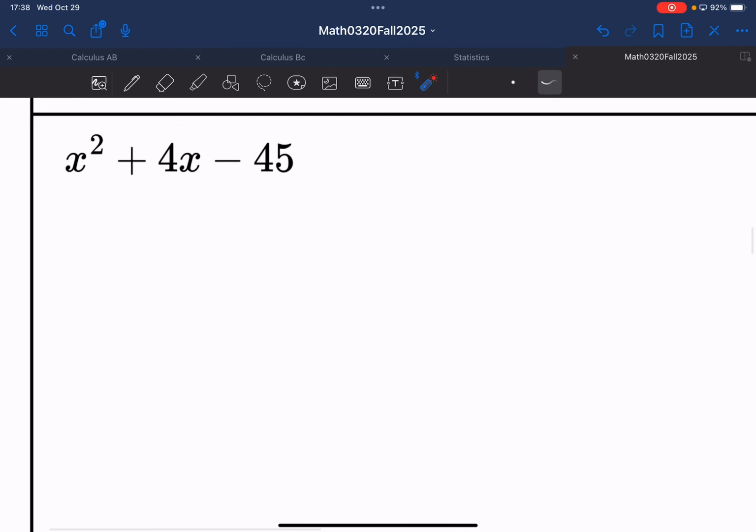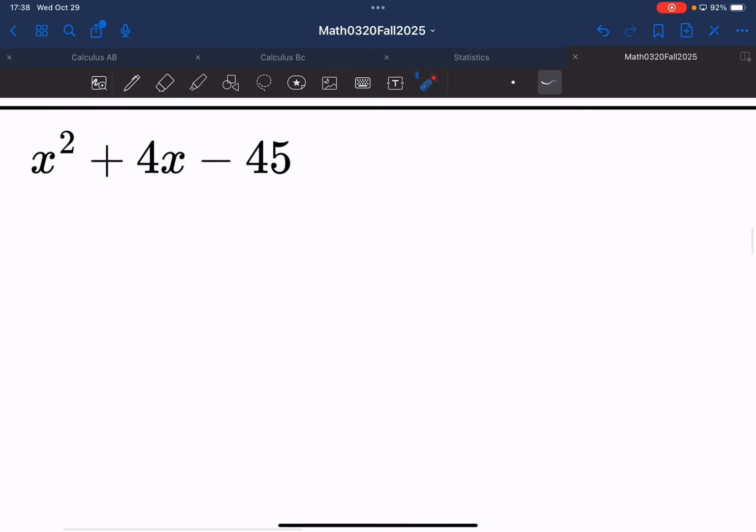So starting with this equation, our goal here to factor it is to first identify a, b, and c. Okay. So we know a is 1, b is going to be 4, and c is going to be negative 45. So it's going to be the sign attached to it, so negative 45.